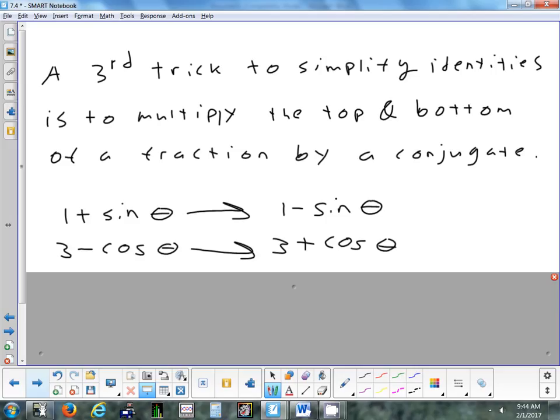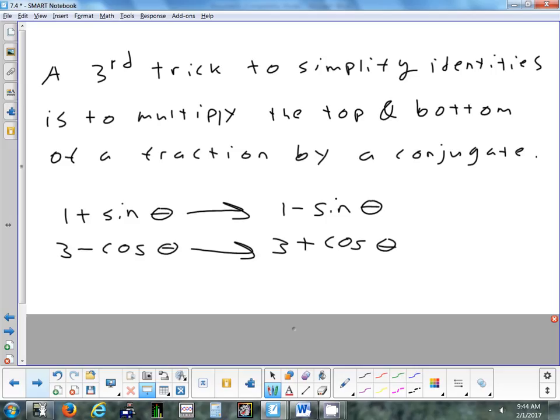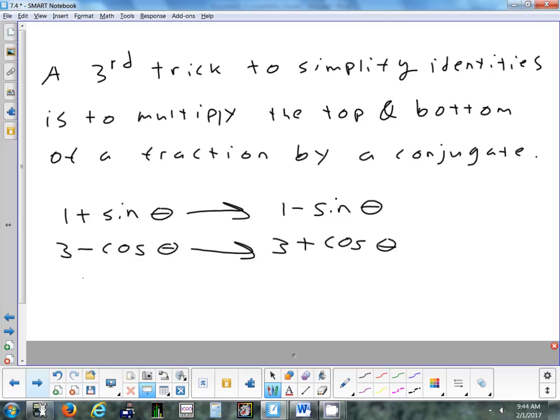So sometimes just by multiplying by the conjugate, it causes stuff to cancel out. And the reason why that works is think of something like this. These are conjugates: x minus 2, x plus 2. When you multiply them together, you get x squared. What's x times 2? And what's x times negative 2?